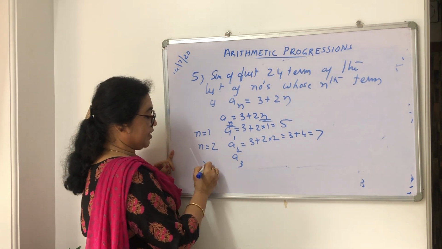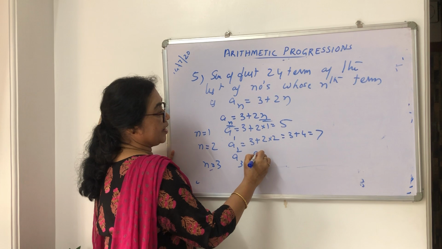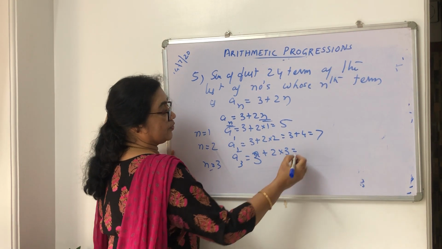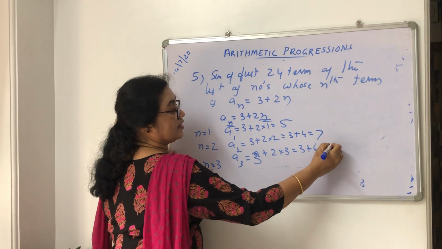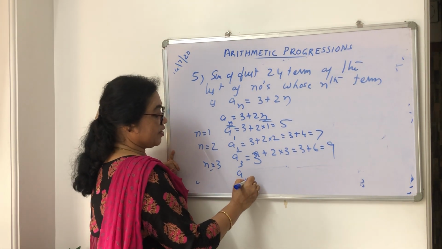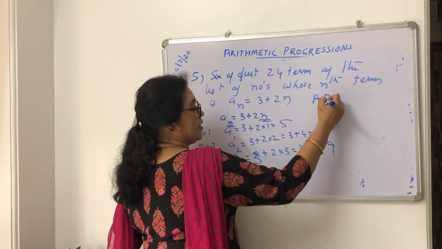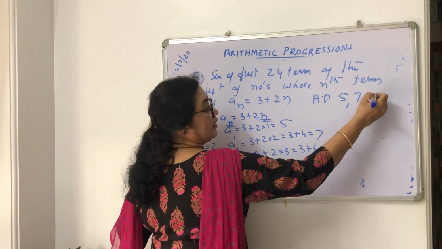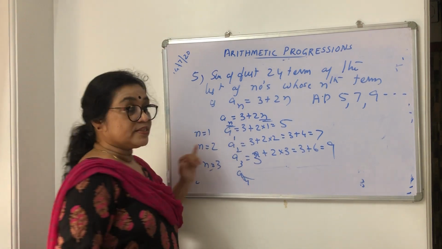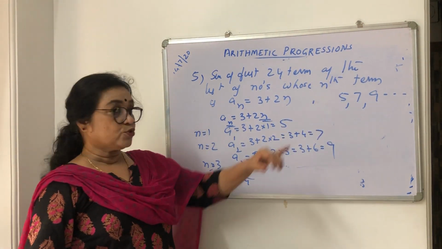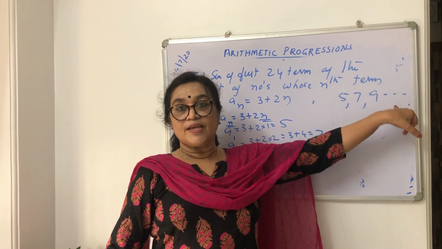Then for n as 3, A3 is 3 plus 2 into 3, 3 plus 6 is 9. Okay, 3 terms are enough. So what is the list? 5, 7, 9, and so on. It is not given as an AP, it is a list of numbers. You should check whether this is an AP or not.